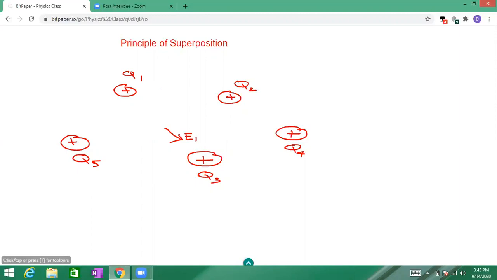Since it is a vector quantity, we write it as E1 vector. Due to Q2, the electric field vector will be this one. Say it is E2 vector. Due to Q3, the electric field will be like this. It is E3 vector.